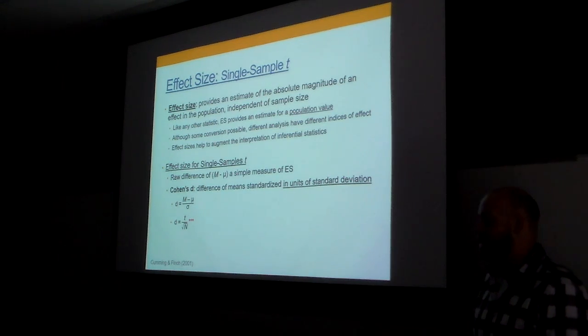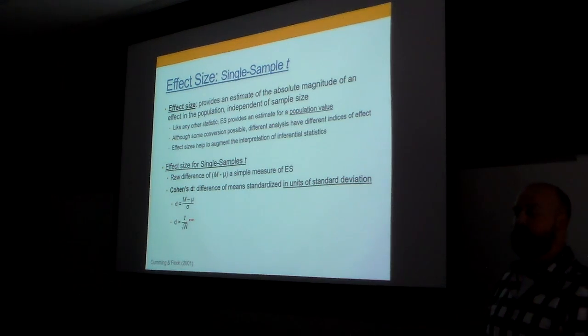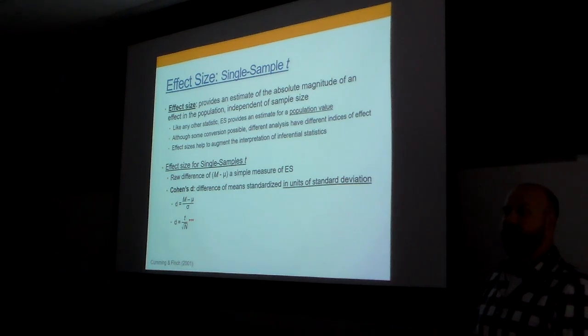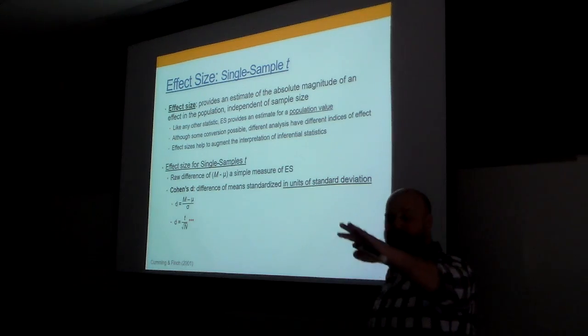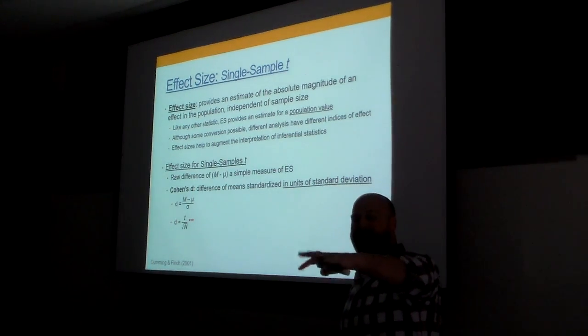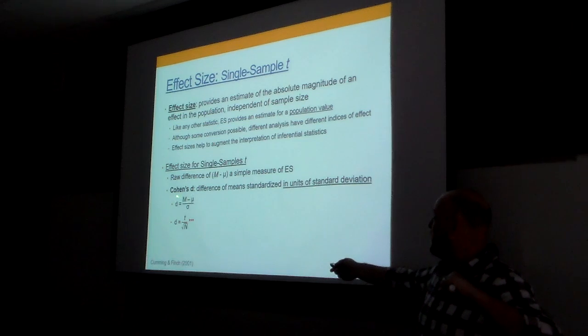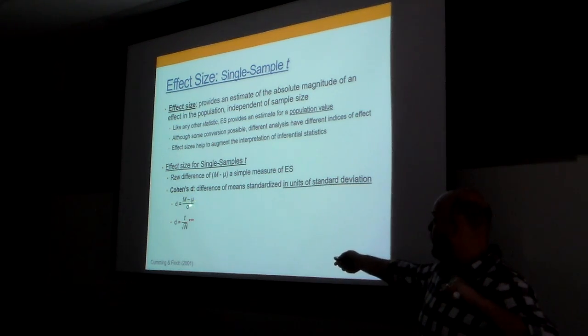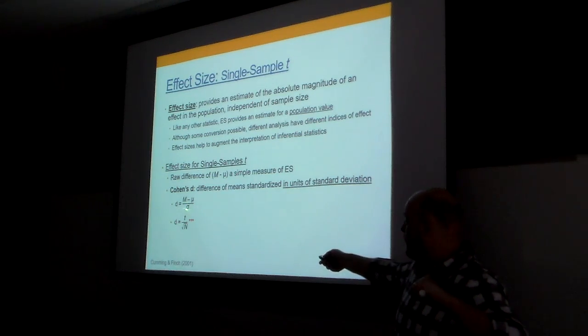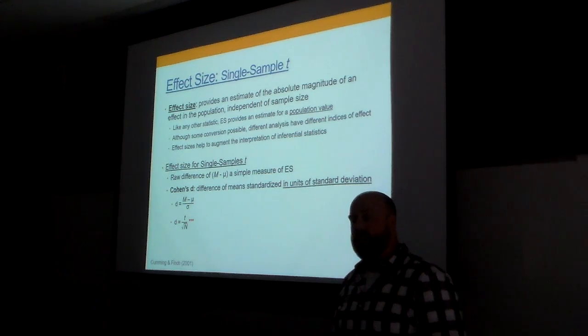If I do this, someone who's brave? John, you're looking brave. Actually, I don't know if you're looking brave because you're always hiding behind that computer. So if I'm taking the mean difference and dividing by a standard deviation, how do I interpret D?